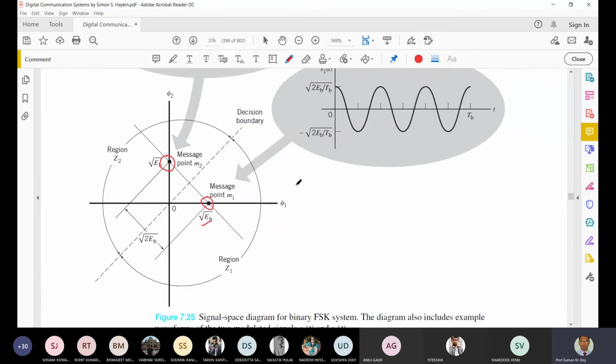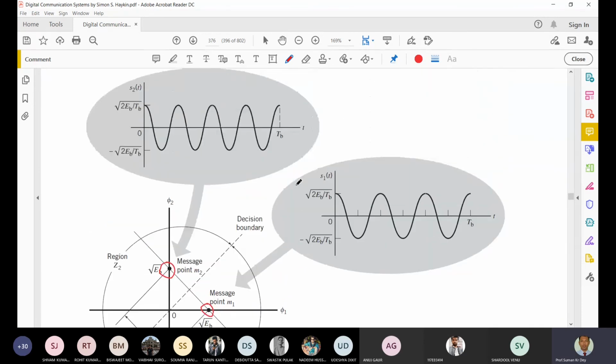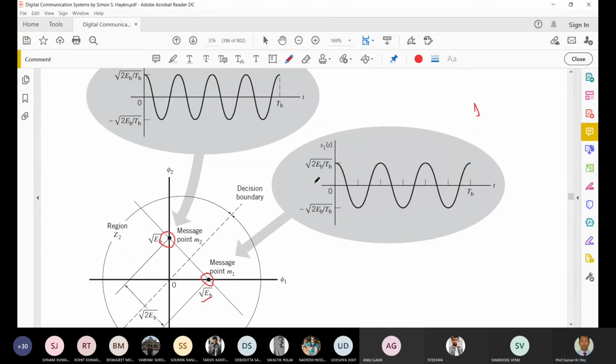So now if we look at the signal shape, what should be this value? Basically S1(t) means when we are transmitting 1, and S2(t) is when we are transmitting 0. Okay. So these are the signals.